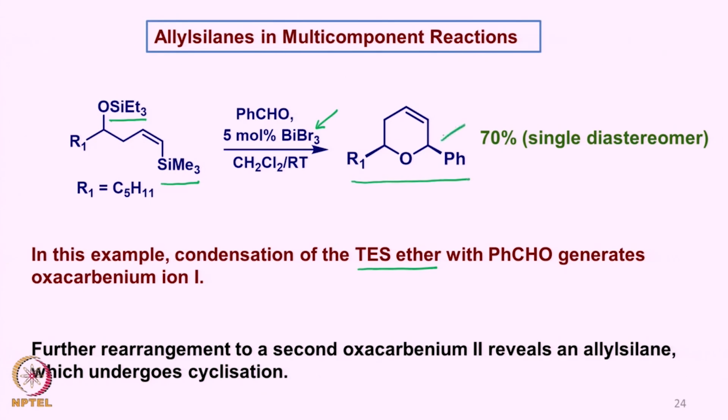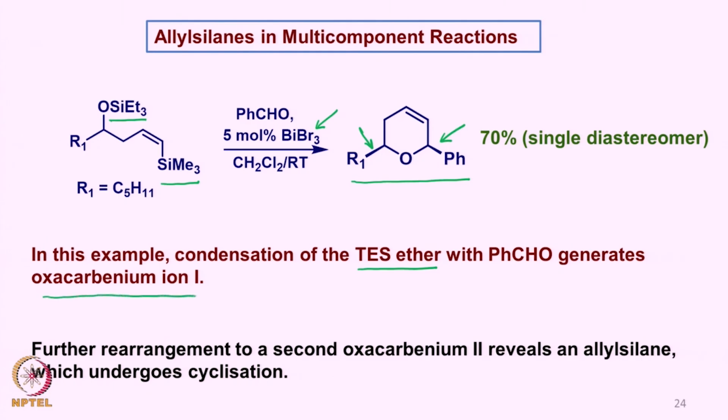As you can see, this and this are pointing to the same direction, that is beta direction. Now the rationalization of this reaction leads to a so called oxocarbenium ion 1.